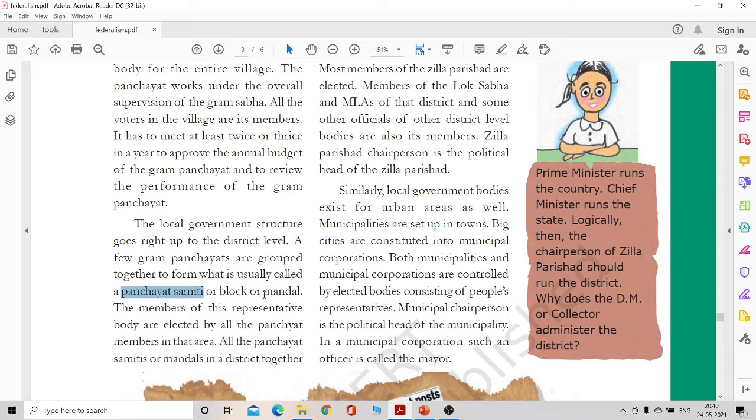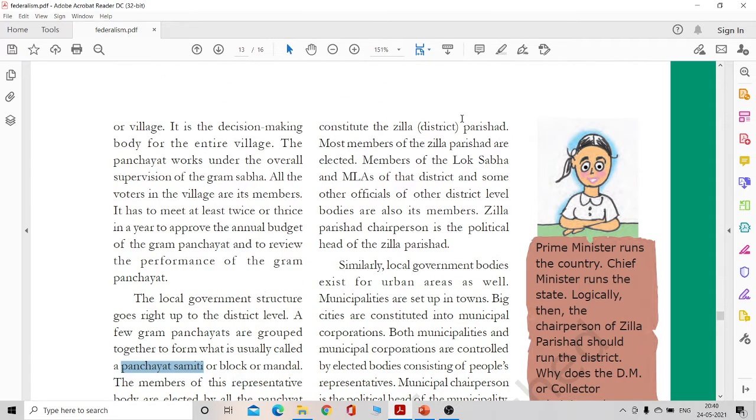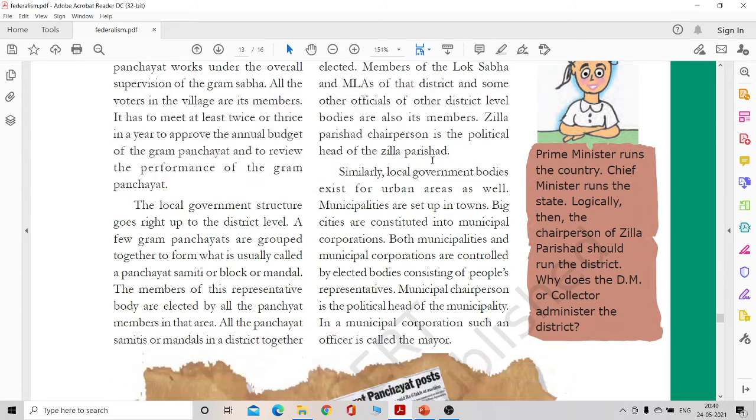So we go from the very grassroots level, that is the gram sabha, then to the panchayat samiti, which is the block, and of course the district level, right? So many panchayat samitis together form the Zila Parishad, right? And members of the Lok Sabha or MLAs have some members within this district level Parishad, right?